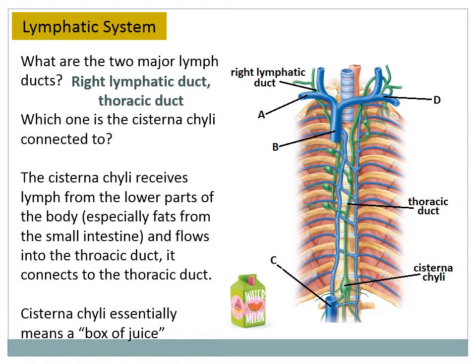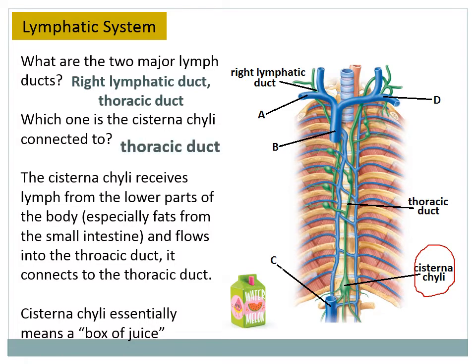So we have two ducts that are our major ones returning lymph back towards the heart. Looking down here, we have this thing called the cisterna chyli. Notice that it's connected to a certain duct. What duct is the cisterna chyli connected to? Yeah, it's connected to the thoracic duct.